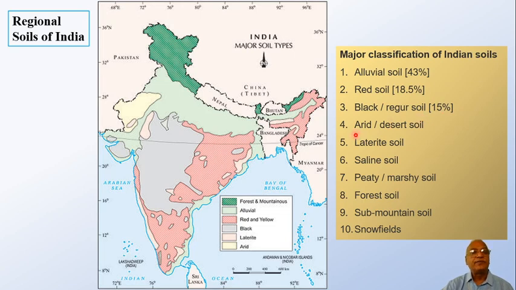Then we have arid and desert soils in the regions of Rajasthan. Then we have laterite soils in coastal regions, and saline soils, peaty and marshy soils, forest soils, submountain soils, and snowfields. So this is how we can list around 10 different major classifications of India.